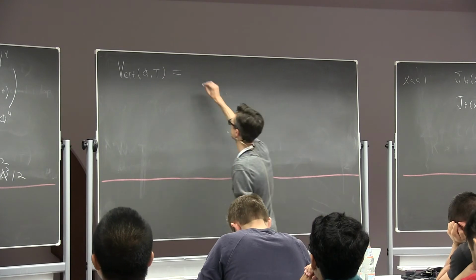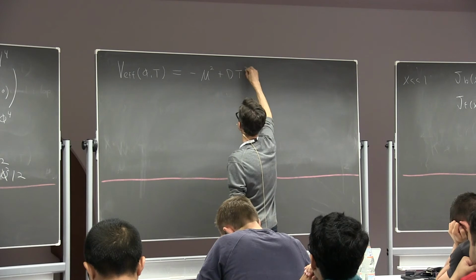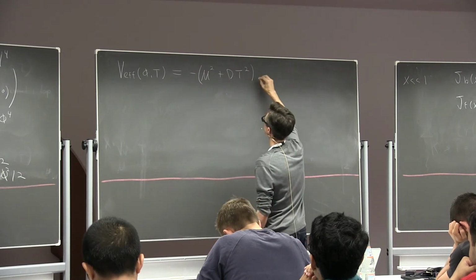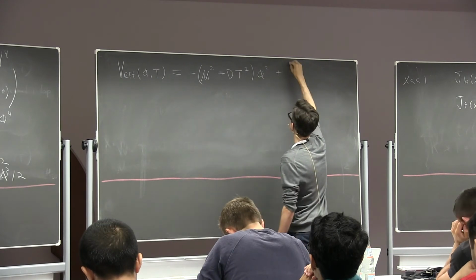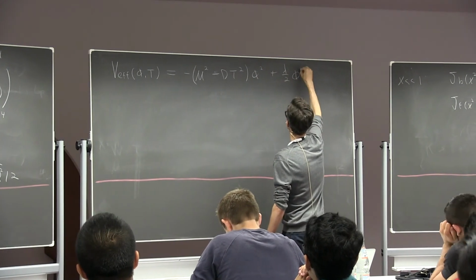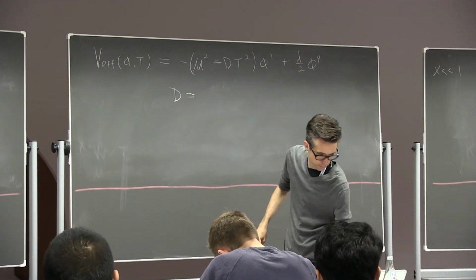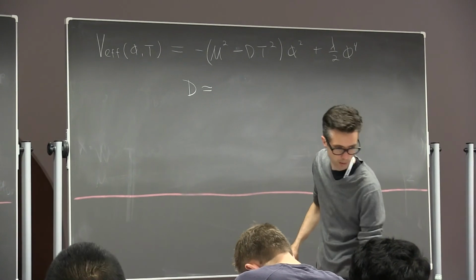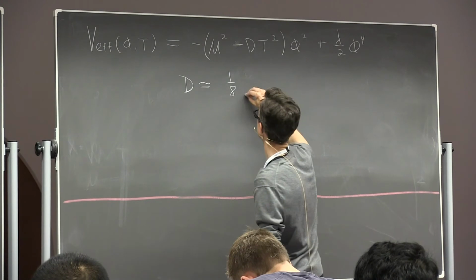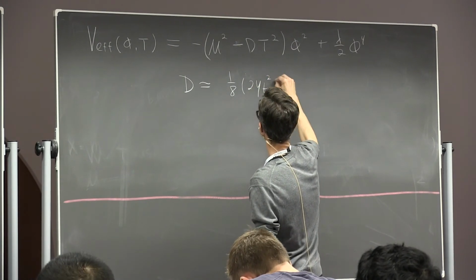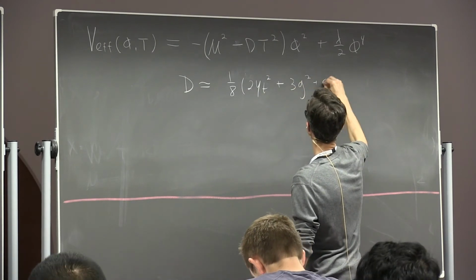It turns out to be the thing I started with, but with a correction that comes from the thermal pieces, minus mu squared phi squared plus lambda over 2 phi to the fourth, where this D is roughly, let me try to get it, 1/8 (2 y_top squared plus 3 g squared plus g prime squared).